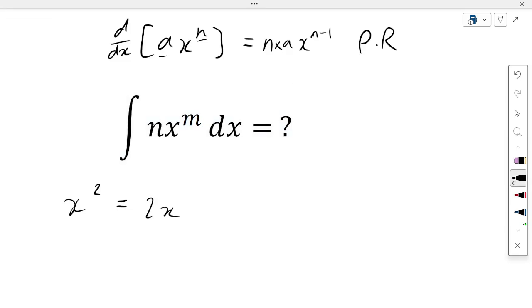Because we're going to take this power over here and multiply it by the coefficient, and then we are going to subtract 1 from this exponent, which gives 1, represented right here, but we obviously don't write the 1 down. So when we are doing antiderivatives, we're actually going to do the opposite. We're going to go from 2x all the way back to x squared. That is what integration in general is.